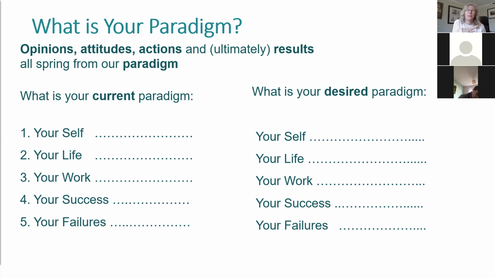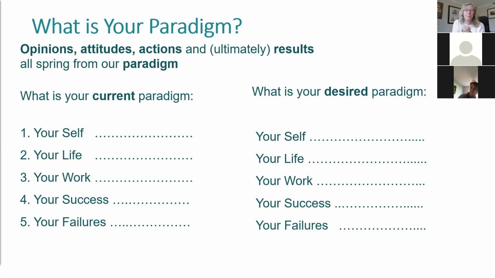So if our paradigm about our work is that I don't have enough clients as a reflexologist, then I need to change that paradigm to I have a steady flow of clients, and then I need to work on a goal map to make that happen.